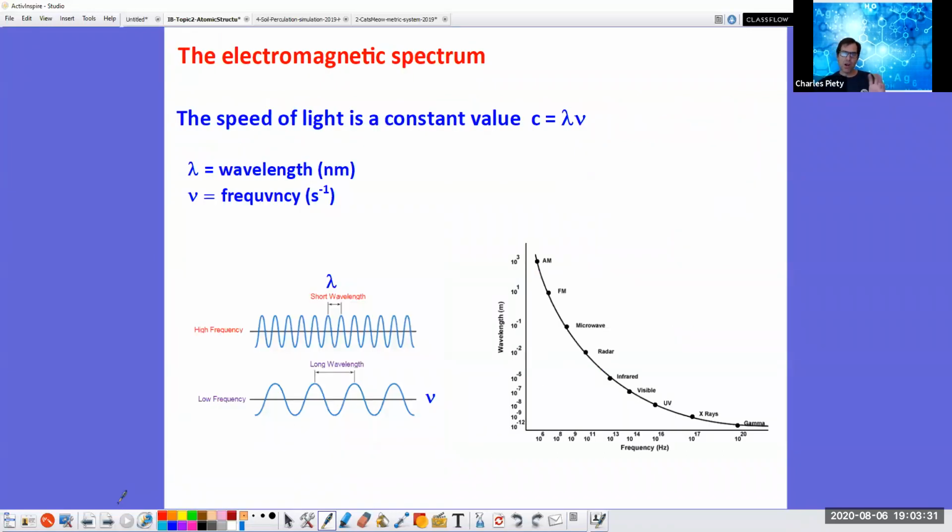Okay, let's talk a little bit more about the electromagnetic spectrum, and let's try to relate wavelength to frequency. And we can do that with another equation, and that is the speed of light, which is a constant. And anytime in science, when you have a constant, it's a good thing, because that means it doesn't change, and we can make observations around that constant.